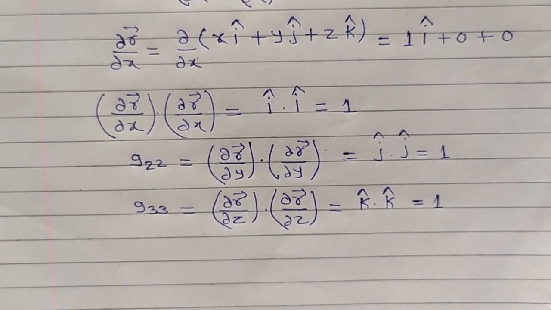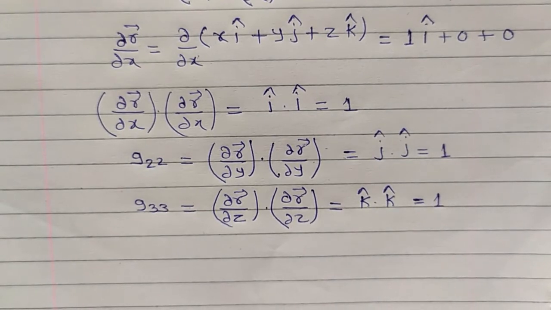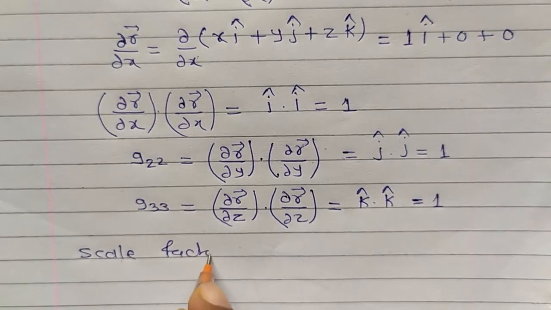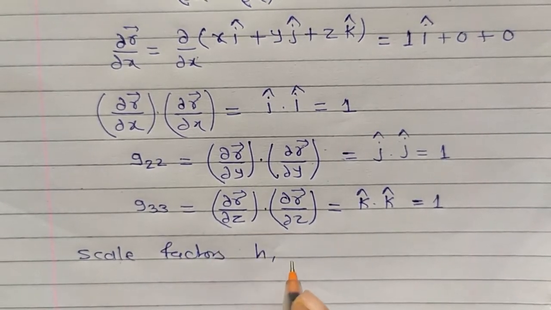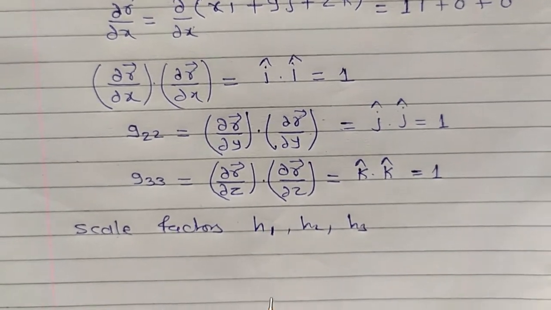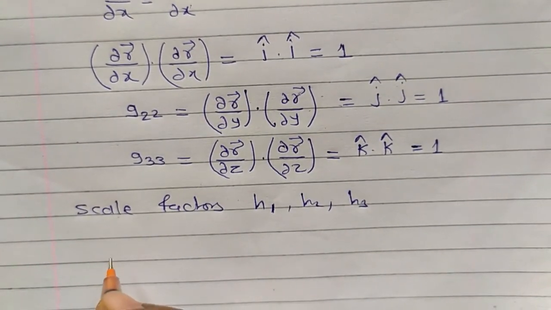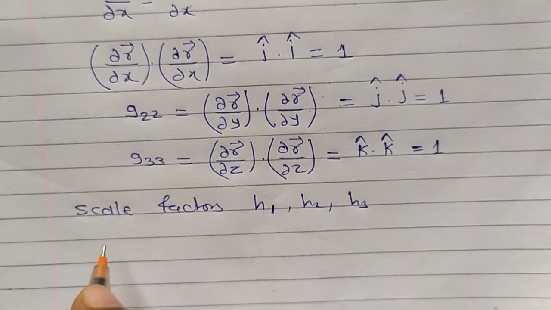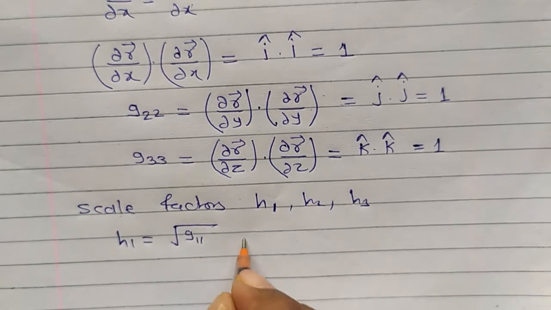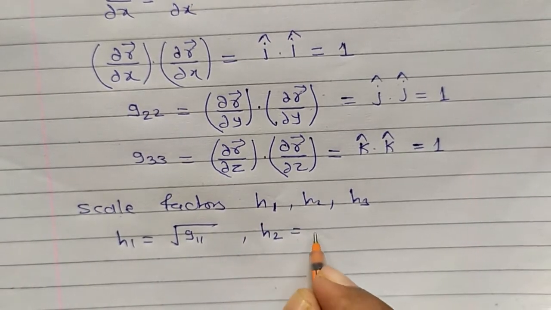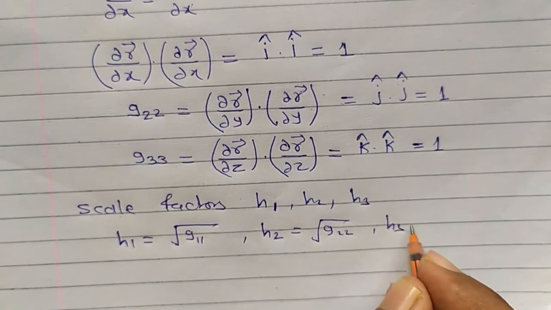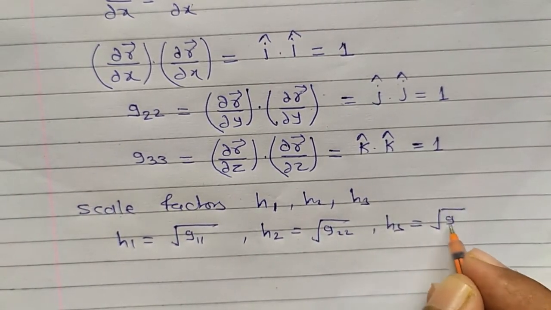Now we have seen, if you are interested in finding scale factors which are given by h1, h2 and h3, then there is a relation between metric coefficient and scale factor, which is h1 is equal to root of g11, h2 is equal to root of g22, and h3 is equal to root of g33.